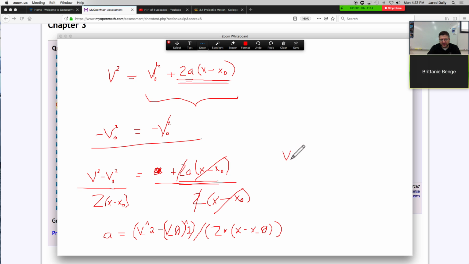So it should look like V sub X squared. That is the same as this. And if you do a V sub X0 squared, that's the same as this. Clear as mud.